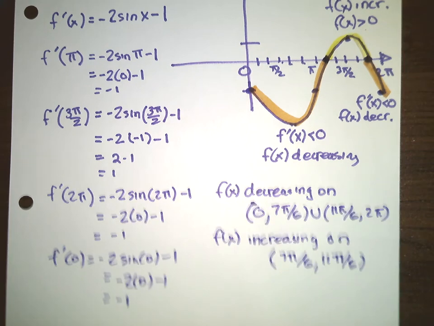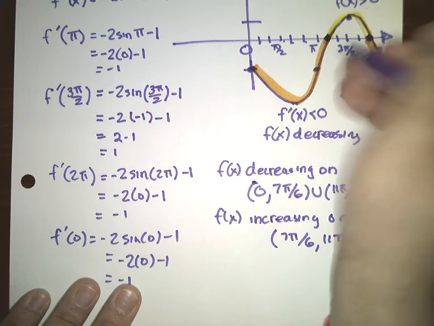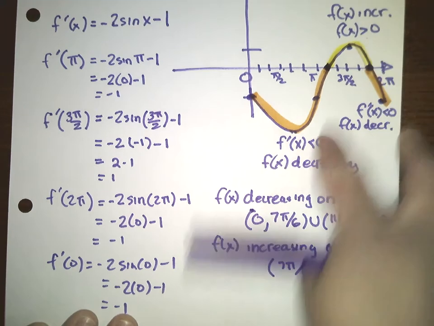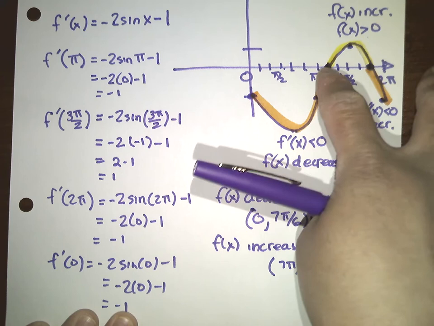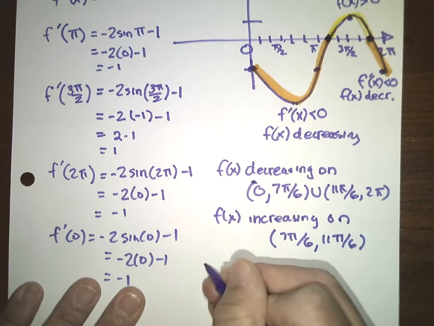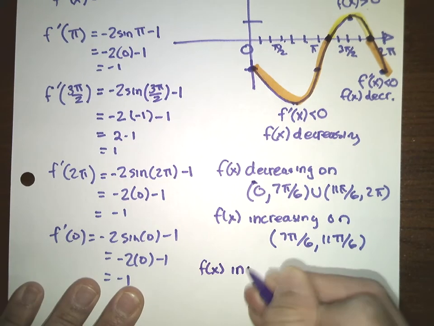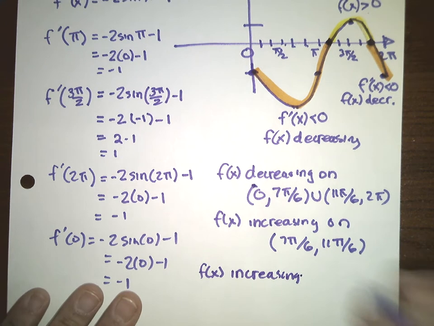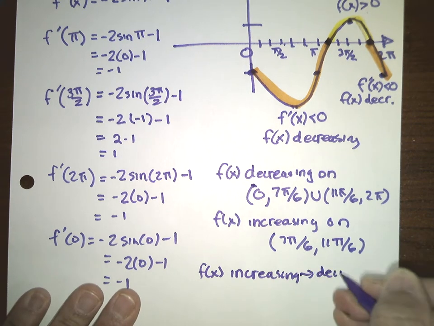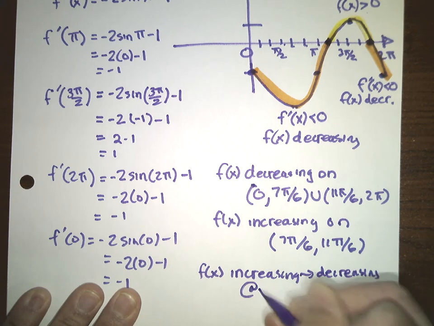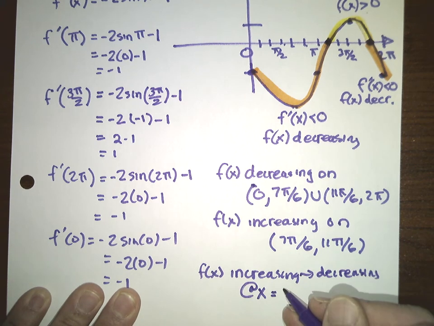And then I also know that f of x is going from increasing to decreasing at x equals 11 pi over 6.